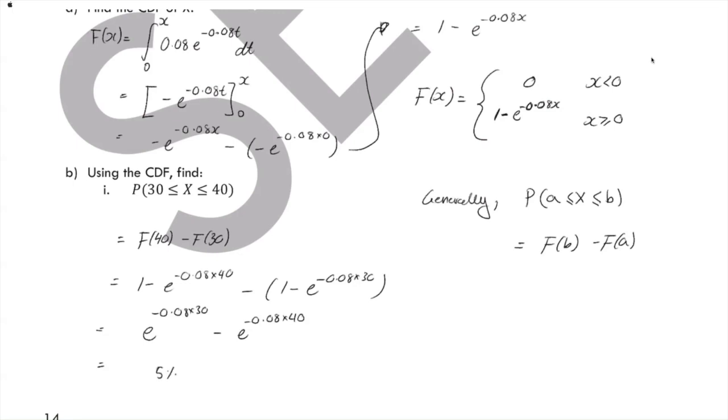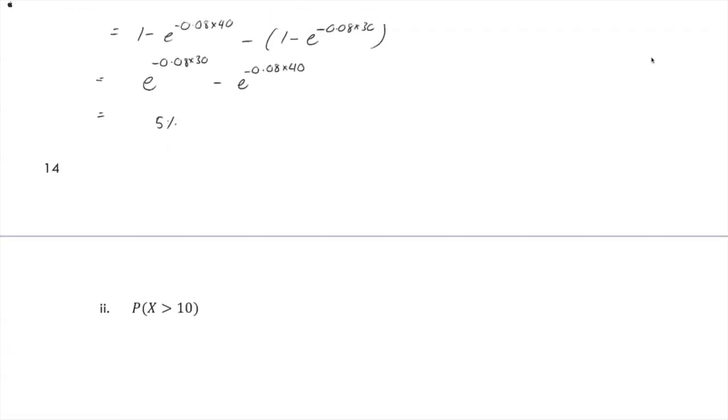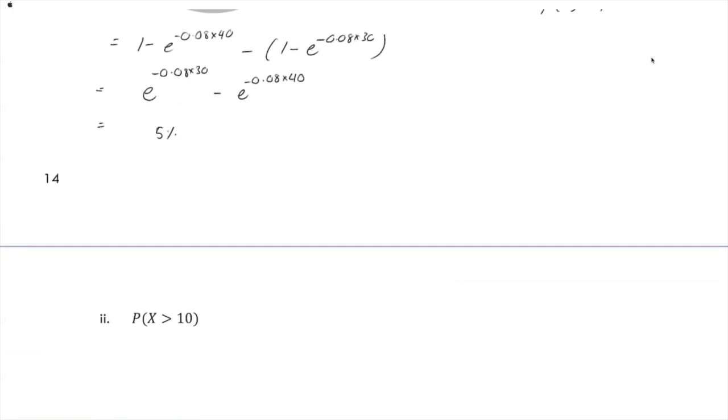Skip 5%. Yeah, too many decimals. Not bad, right? Is that okay? Yeah. What about x is greater than 10? Yeah, remember the 100 is from the previous example, right?